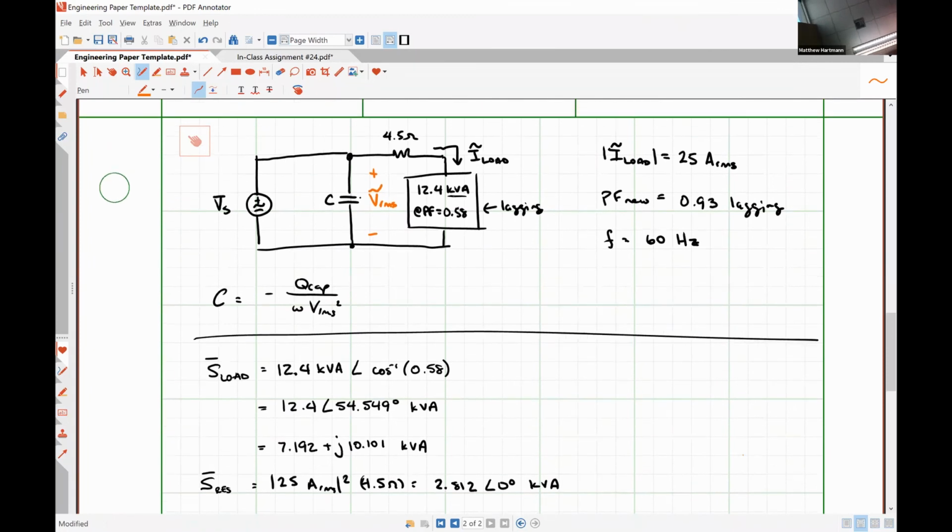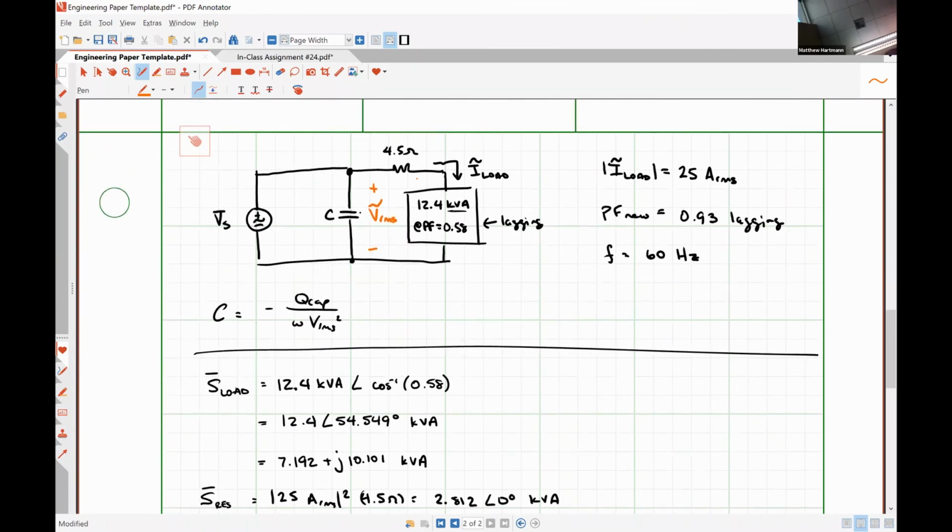So what I'm saying, we know the power absorbed by this guy and the power absorbed by this guy. So we could say that S, the total power there, is equal to that VRMS value times I load conjugate. But we don't know I load conjugate, right?